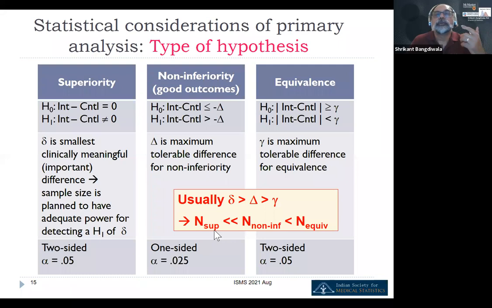And so sample size will affect the analysis. Why? Because if the sample size is large, then there's balance, right? Randomization works. If the sample sizes are small, then you will likely have imbalances, and you may have a smaller effect size. The power of the test is also going to be different because it depends, of course, on the sample size. So that's how the type of hypothesis will affect the analysis.